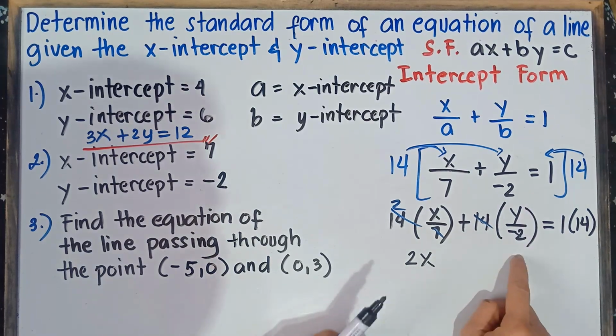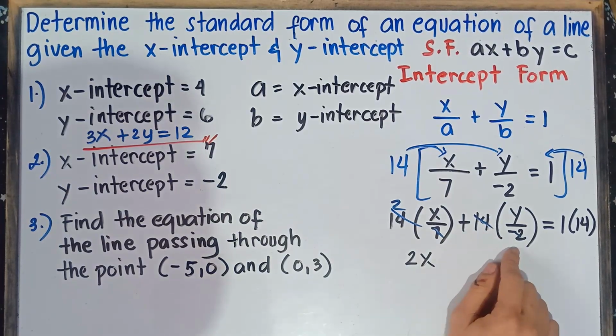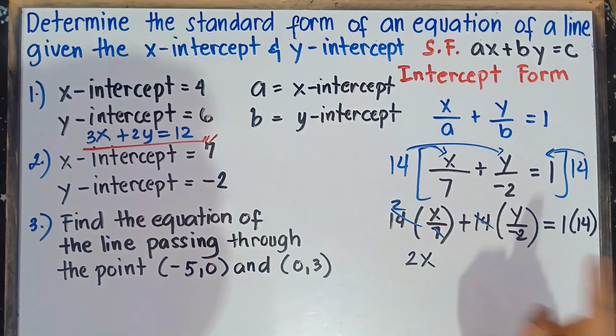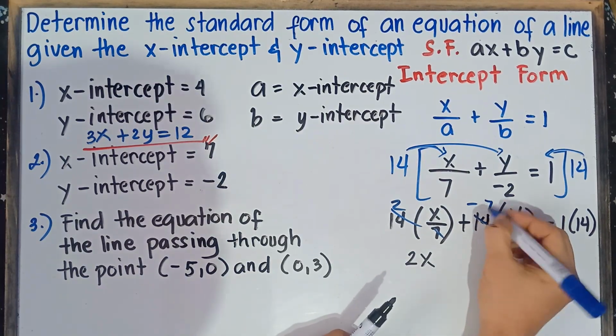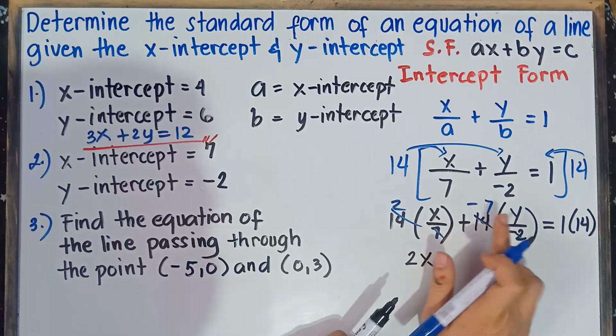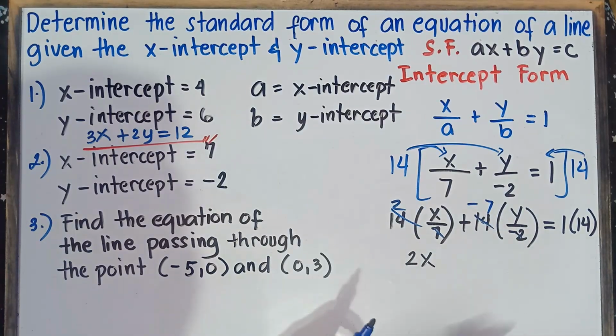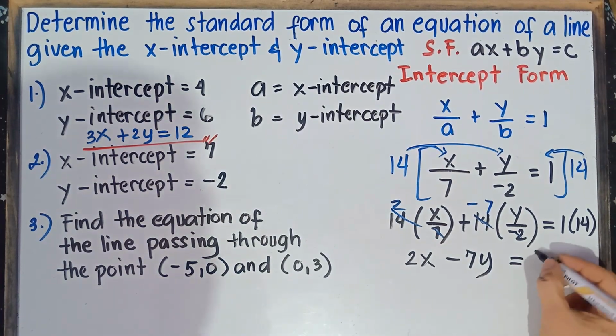Positive divided by negative, that would be negative. If you're dividing unlike signs, the result is negative. So this positive 14 will become negative 7. And the negative 7 times y, that would be negative 7y. Alright, and then equals 1 times 14, that would be 14.